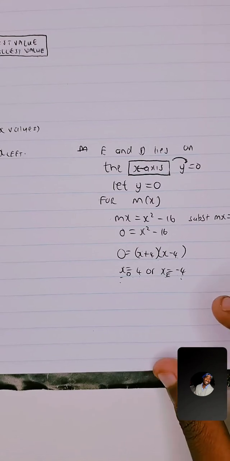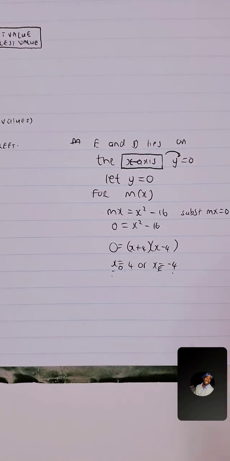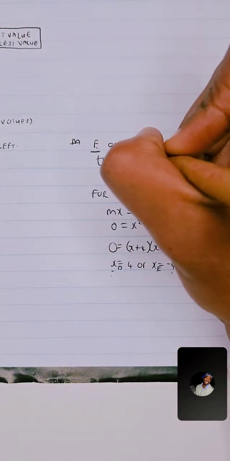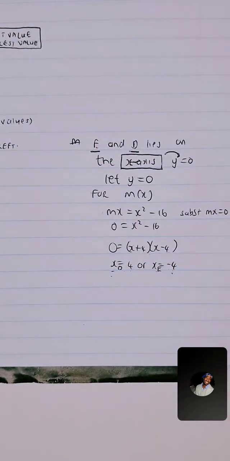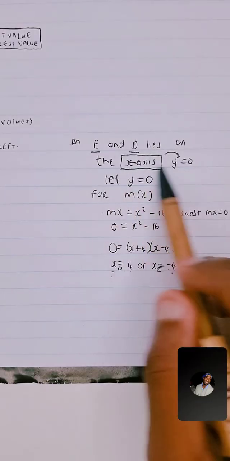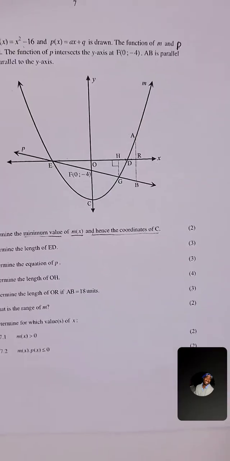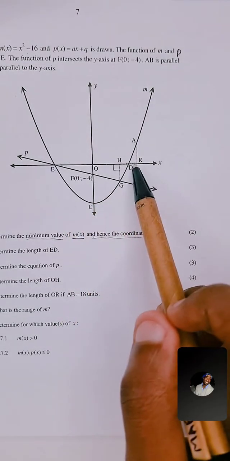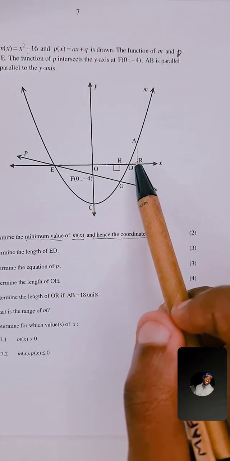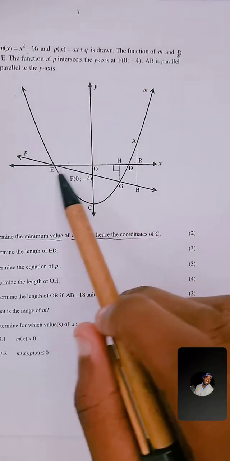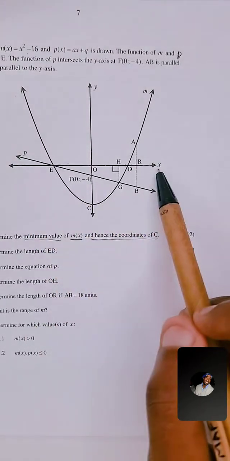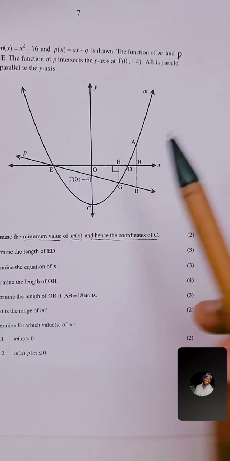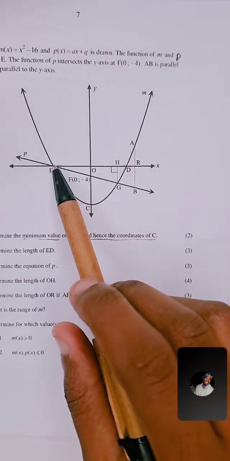Yes, sir. Yeah, because E and D are the main points that we need to focus on. Because we know E and D lie on the x-axis, as you explained, and they are forming a horizontal line. All we need are the x-coordinate of D and the x-coordinate of E. Y is the same, it's 0 throughout this x-axis, but our x values are different.